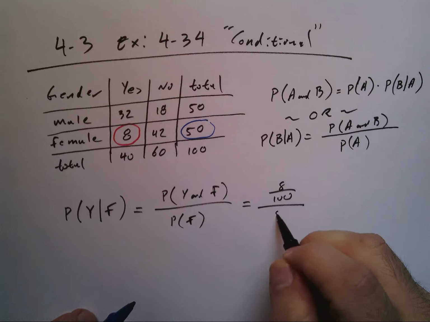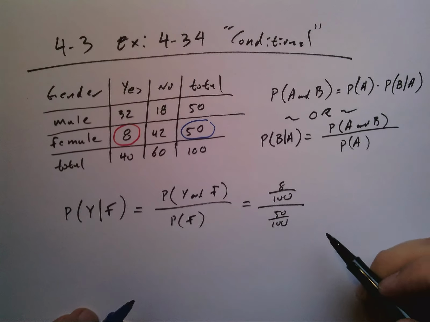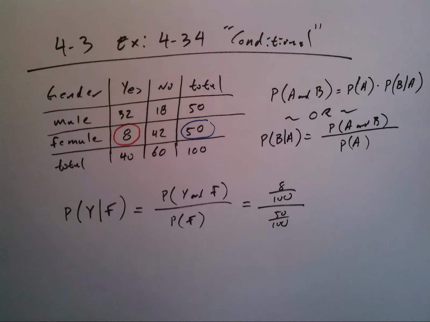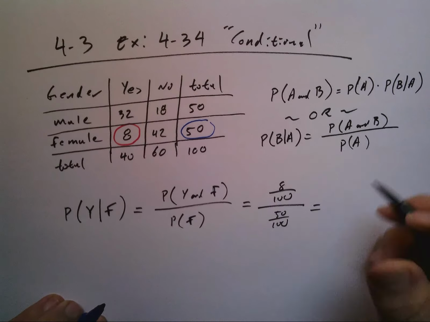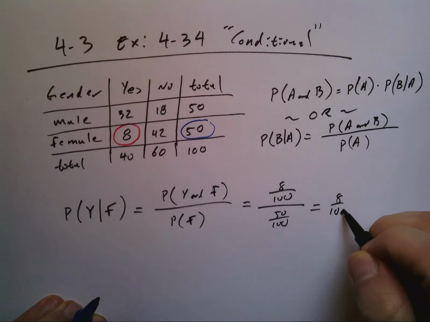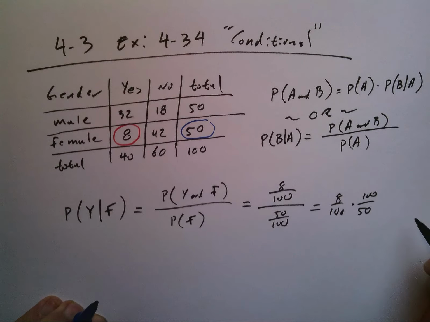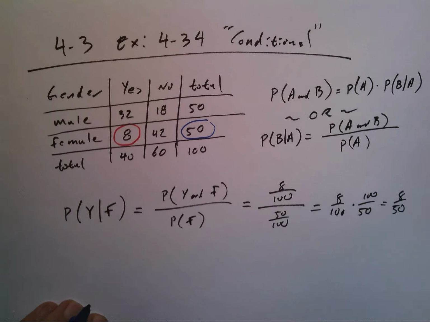So that's 50 out of 100. Now, if we do our algebra correctly, we end up with 8 divided by 100 times 100 divided by 50, which ends up being 8/50ths, which we can then reduce to 4/25ths.